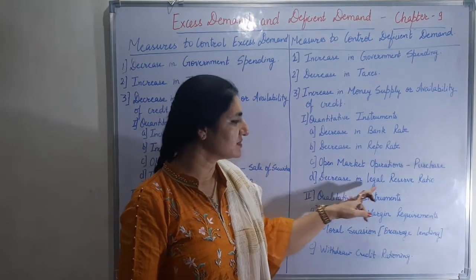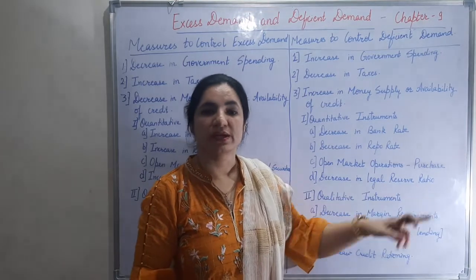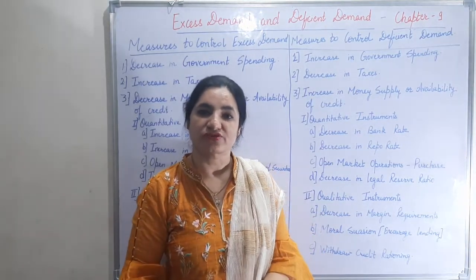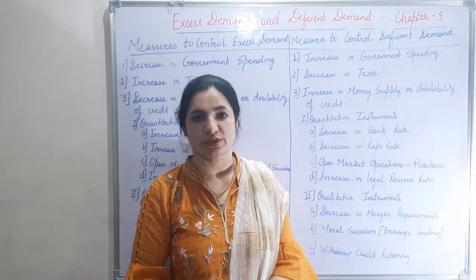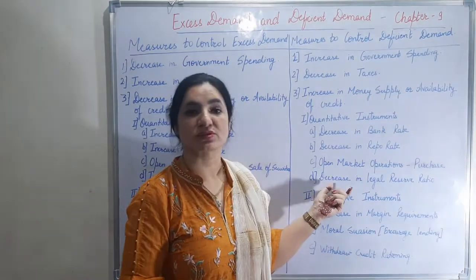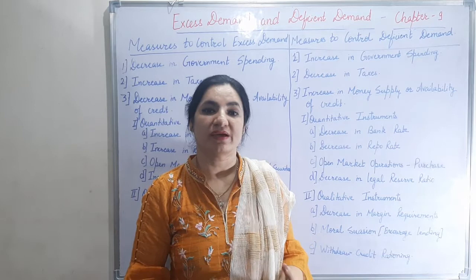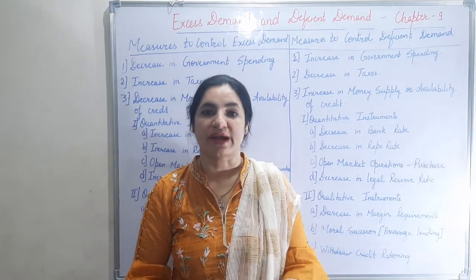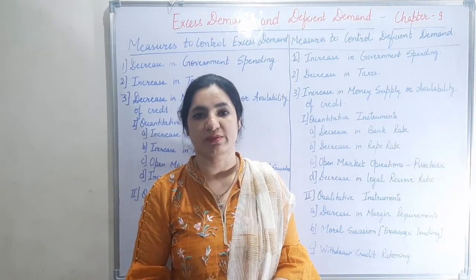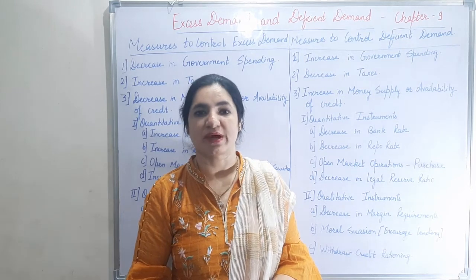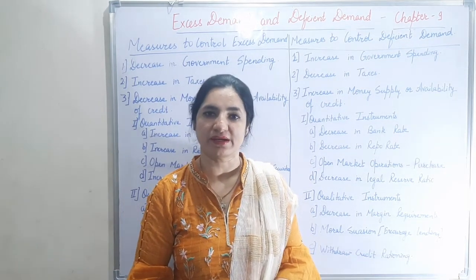Next is a decrease in the legal reserve ratio, that is, the cash reserve ratio and the statutory liquidity ratio. If these ratios are decreased, then more money will be available to grant loans and less money will be kept as reserve. So by this there will be an increase in aggregate demand.